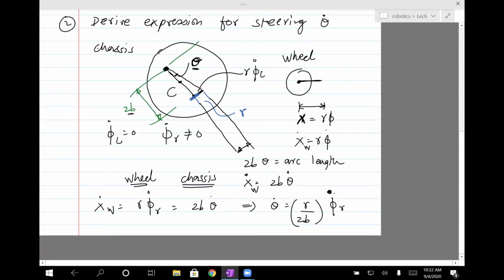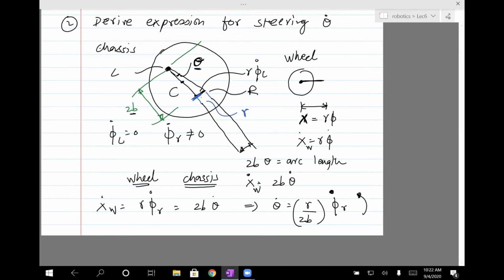So this is basically how much the chassis would turn counterclockwise, right? You can imagine if the left wheel is at rest, and the right wheel is turning, then the chassis is going to turn counterclockwise, and so that's going to be the expression for the heading change, right?